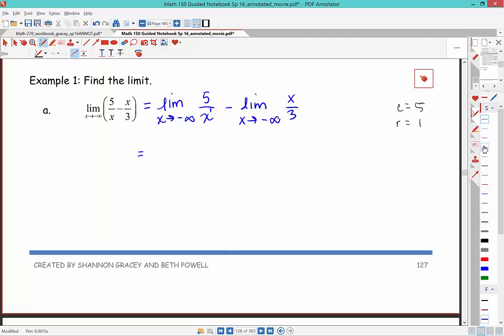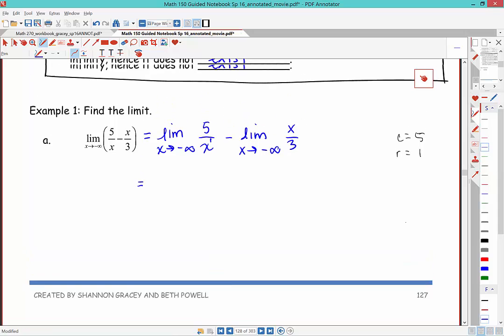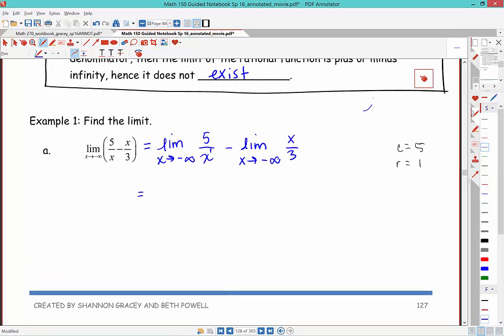And so this fits that theorem that basically says, if you have the limit as x approaches, I'll just do negative infinity this time, of c over x to the r, so our c is 5 and our r is 1, that means it's going to be 0, right? So over here, this would equal 0, right?